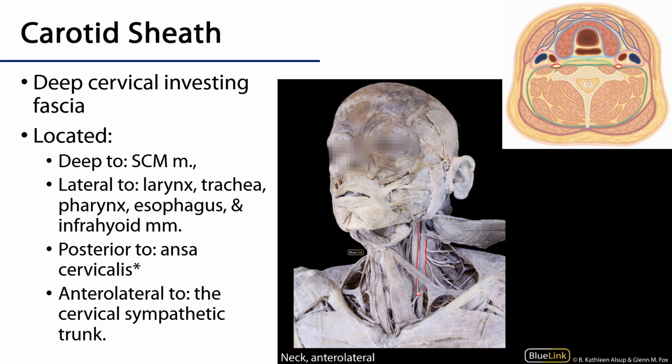Some sources will say that the ansa cervicalis is a content of the sheath. Some will say that it's upon the sheath, and some will say that it's outside of the sheath. I think that these contradictions are more a function of anatomical variation than they are a true disagreement.